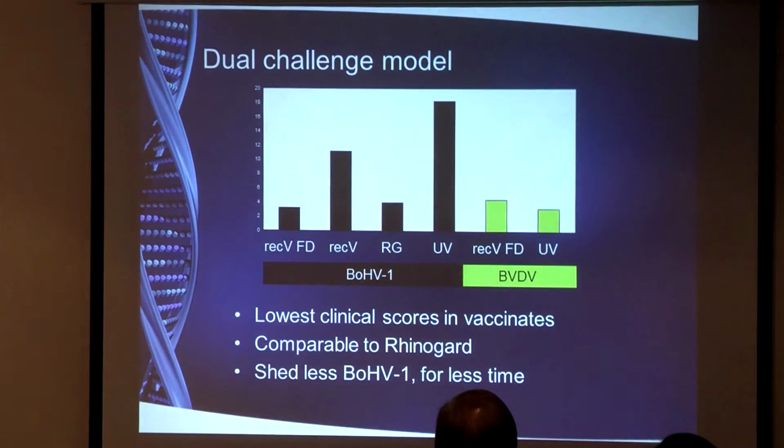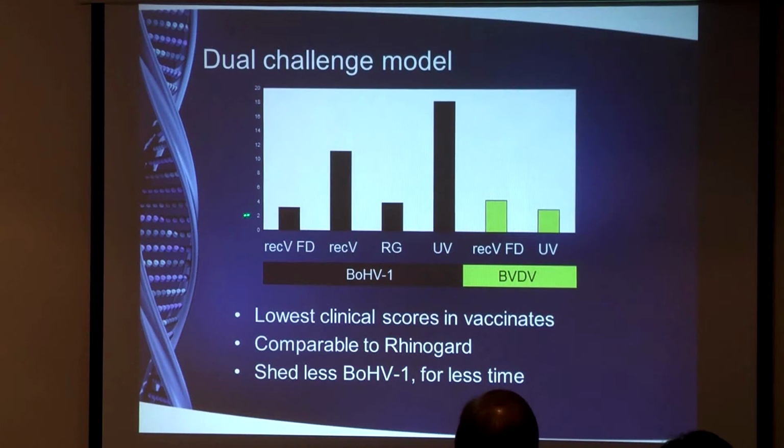And you can see here, this work was done a little while ago, so we've got our recombinant freeze-dried vaccine here. These are our unvaccinated controls, and we've shown pretty good protection. These are total clinical scores. This is the commercial vaccine that's available for BHV, and again, it's equivalent to what we've seen before.